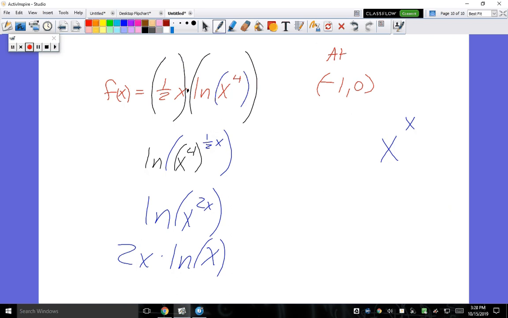Okay? Alright, so my suggestion to you is, yes, you could bring it out like this, but ultimately you're still kind of doing the same thing. You're still trying to do a product rule of some kind. Okay? So, here we go.